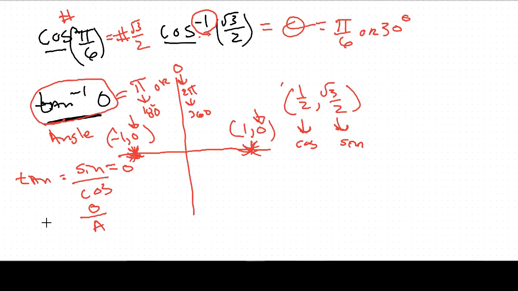Does that make more sense now? Is that why the question asks to give the answer in radians and also degrees, because it could be both of those? Yeah. So in radians, it's 0 or 2 pi, and in degrees, it could be 0 or 360.